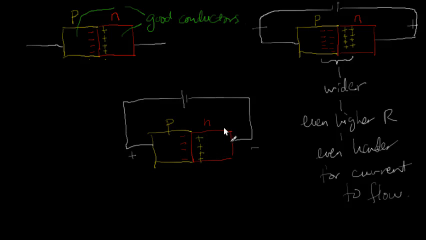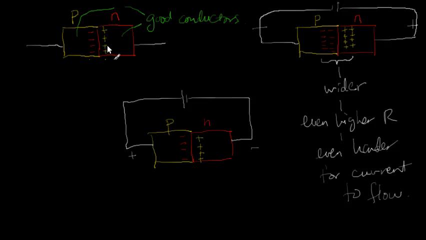Now remember that this is N-type, meaning that it has extra electrons in the conduction band from the impurities. That can help it to conduct electricity. But this part, remember, originally has the electrons depleted because those electrons have diffused away.